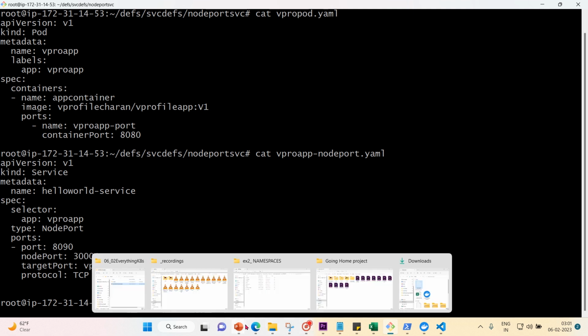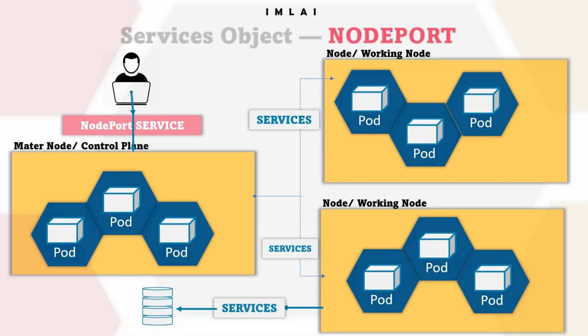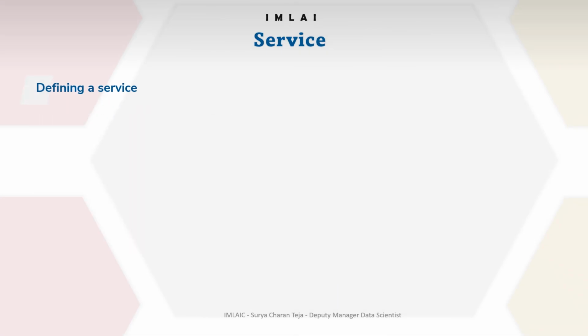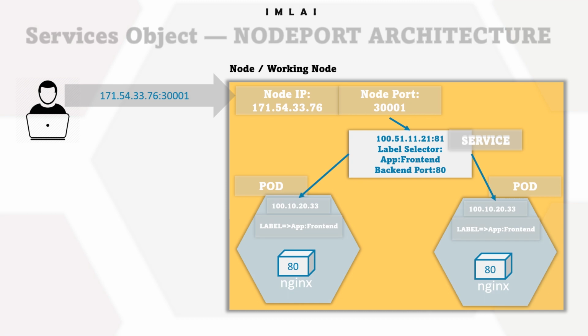Let me show the picture first. You see that? Yeah, this one. See, this is the node port of this node, the port of this machine. Then this one will be mapped with this. You will have that NodePort service.